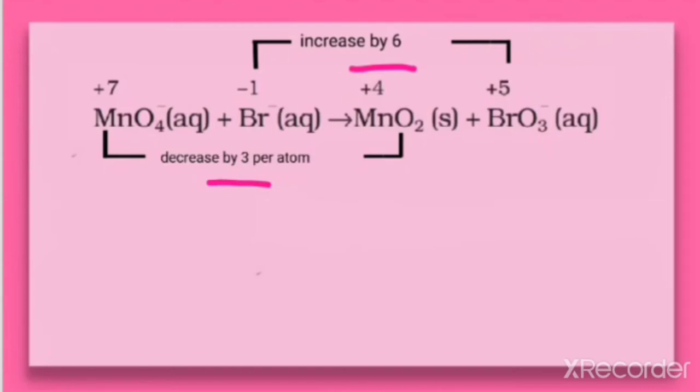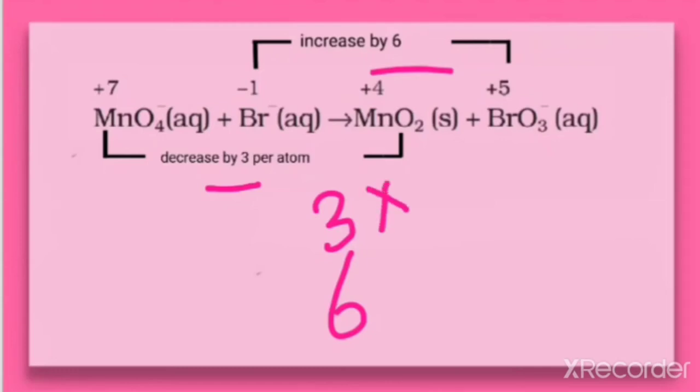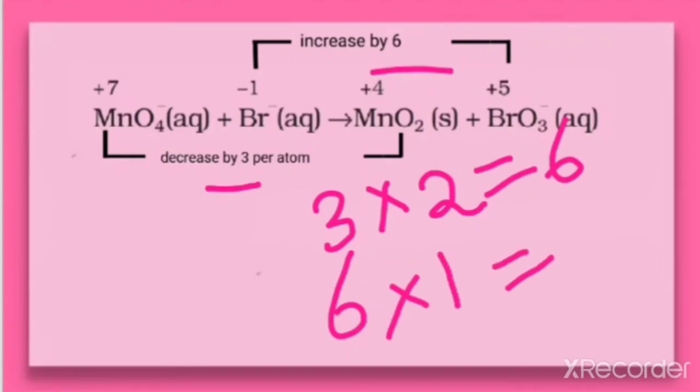Now we have to equalize this increase and decrease by multiplying with a suitable number. Here it is 3 and here it is 6. How can we equalize them? If 3 is multiplied by 2, we get 6, and the 6 we can multiply by 1, so we get 6.